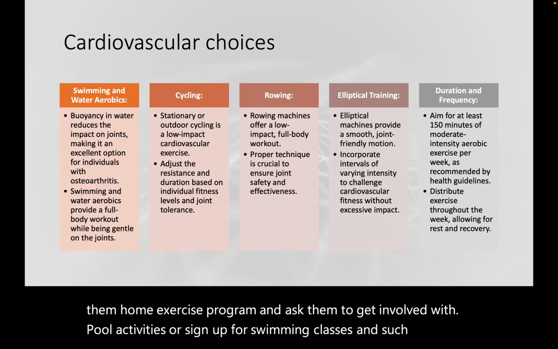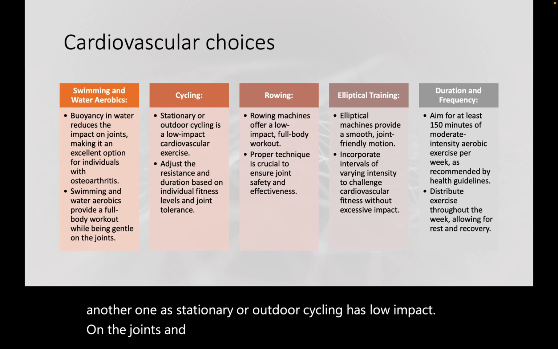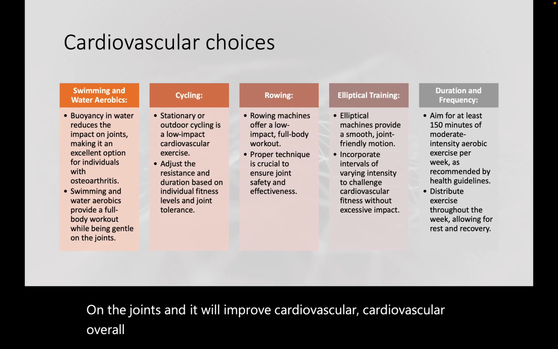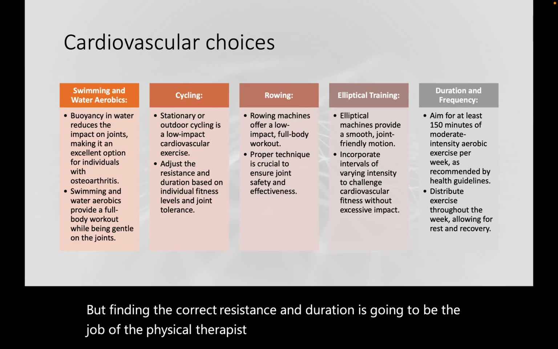Cycling is another one. Stationary or outdoor cycling has low impact on the joints, and it will improve overall cardiovascular fitness. But finding the correct resistance and duration is going to be the job of the physical therapist in helping the patients.